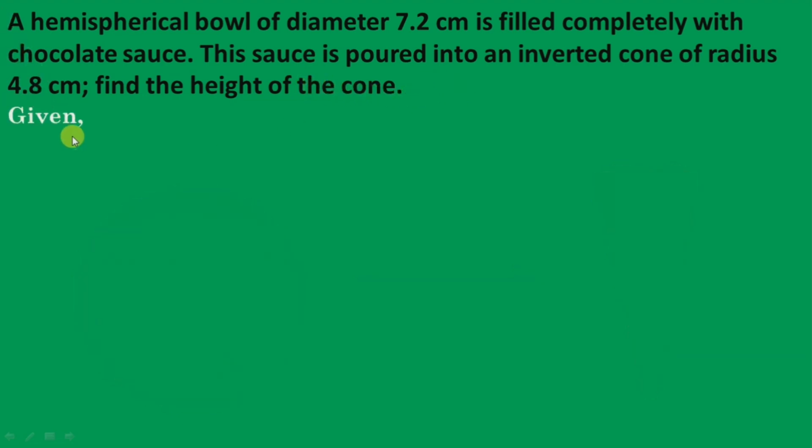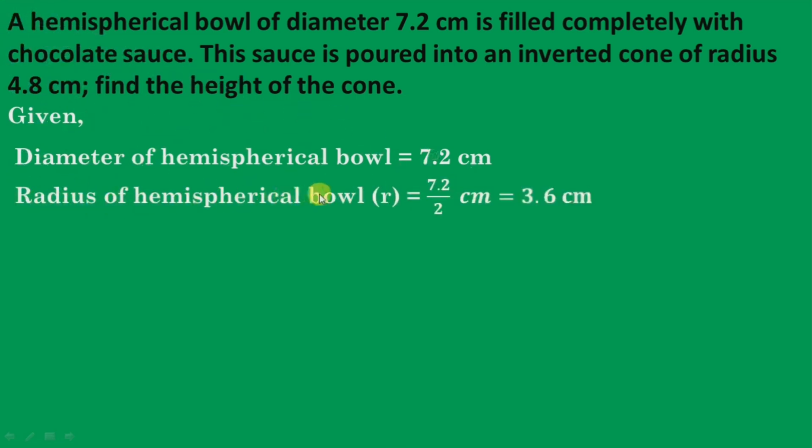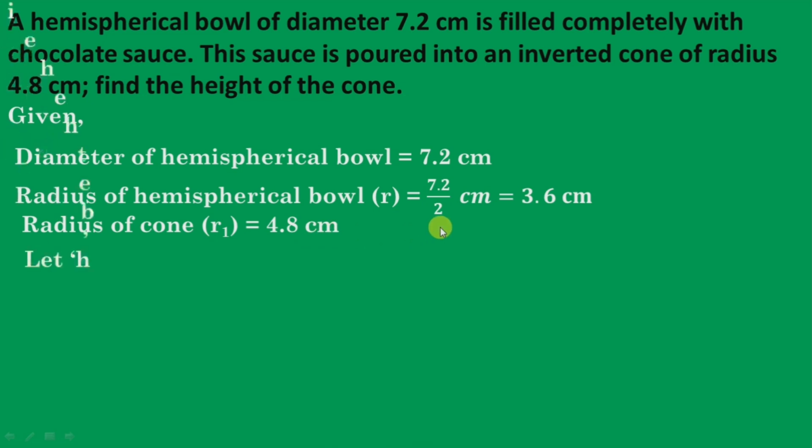So let's start. Given diameter of the hemispherical bowl is equal to 7.2 centimeter. Therefore, radius of the hemispherical bowl, let's denote it by r, is equal to 7.2 divided by 2 centimeter, which is equal to 3.6 centimeter. Radius of the cone, let's denote it by r1, is equal to 4.8 centimeter.